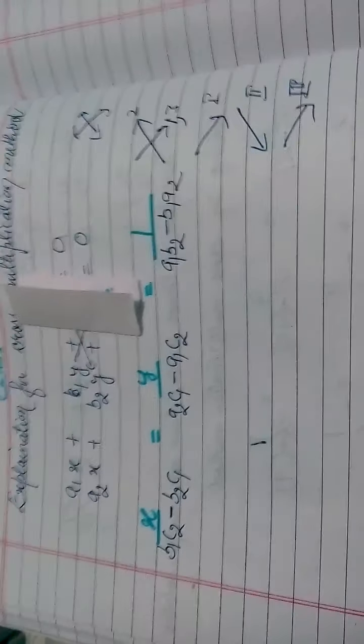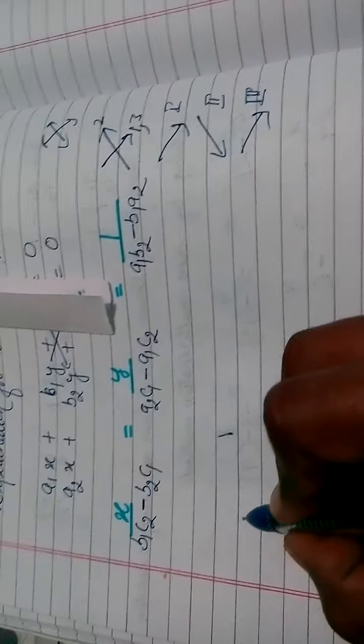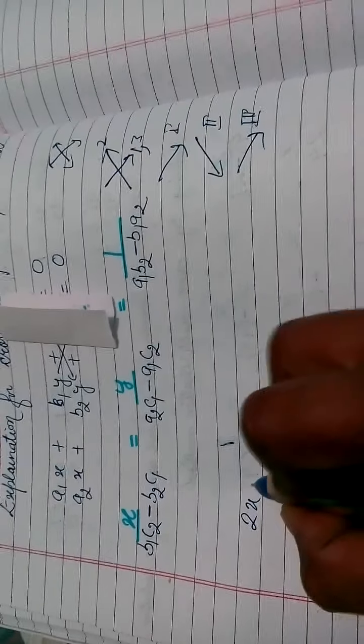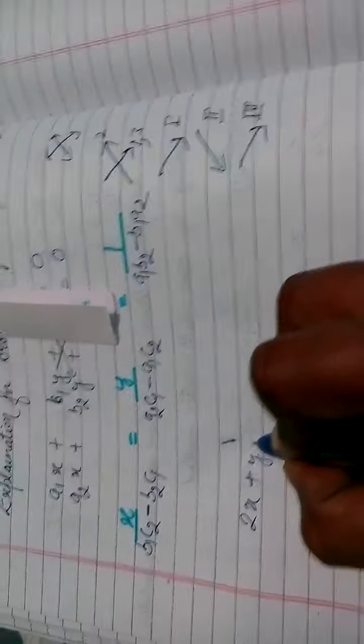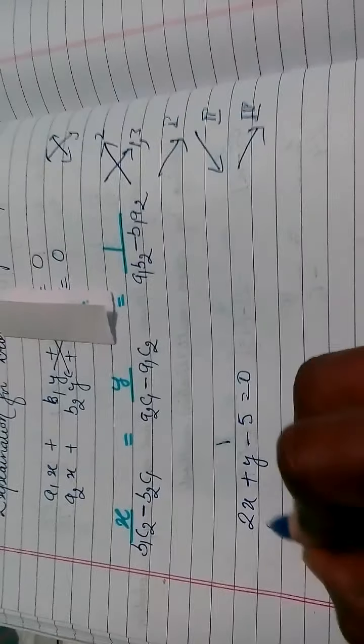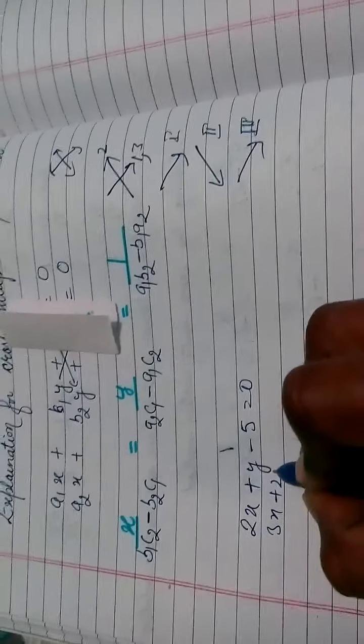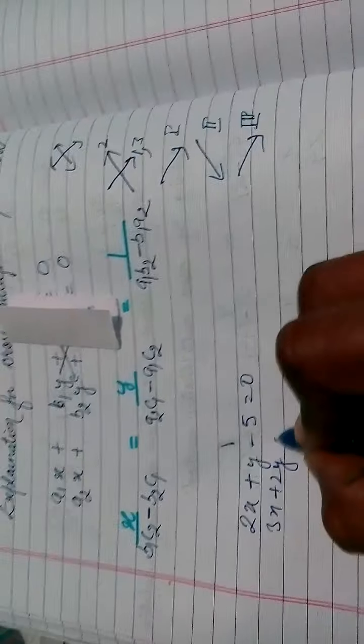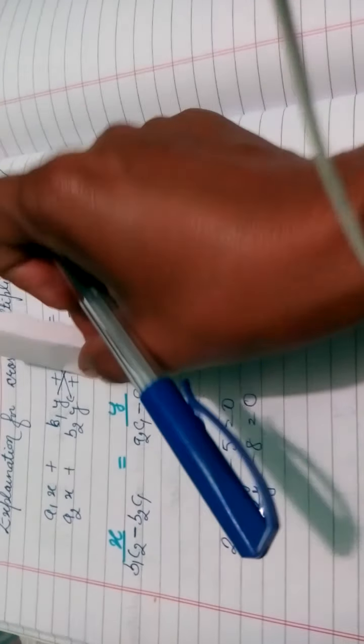Let me solve a question for you. For example, the question is 2x plus y minus 5 equals 0, and 3x plus 2y minus 8 equals 0. What will be the first step?